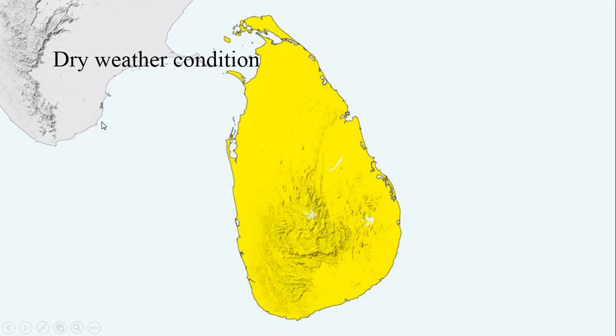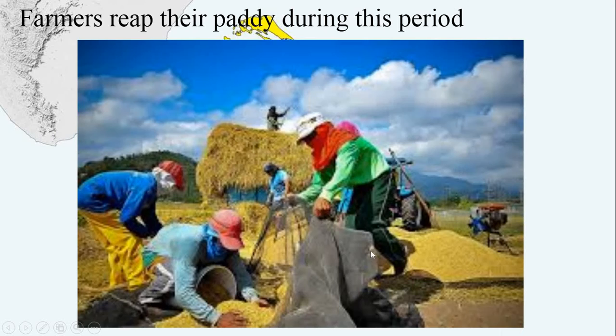Right. And the dry weather condition of the country. We can see dry weather conditions in the country in February and August. So this period is very important for the farmers because they can reap their harvest during this period, especially the paddy.